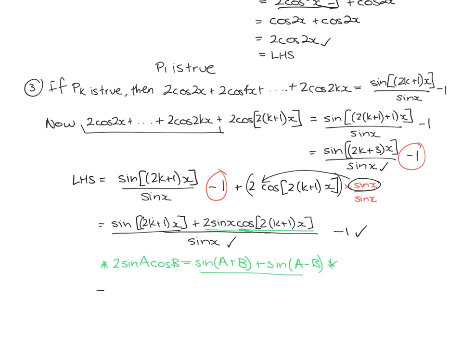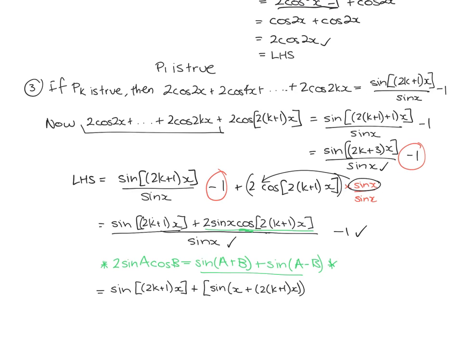So we're still going to leave the first term as it is, plus 1. Now we're going to figure this out. So it's going to become plus sine of x plus (2k plus 1)x. Hopefully that makes sense there.